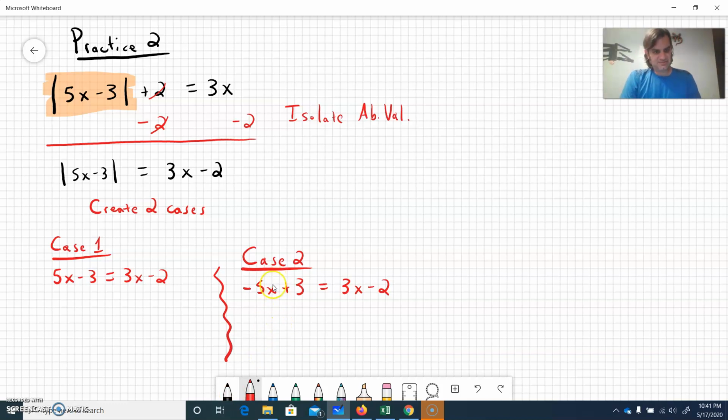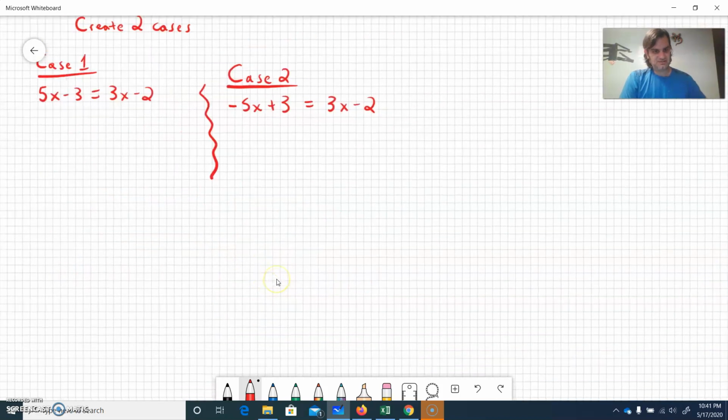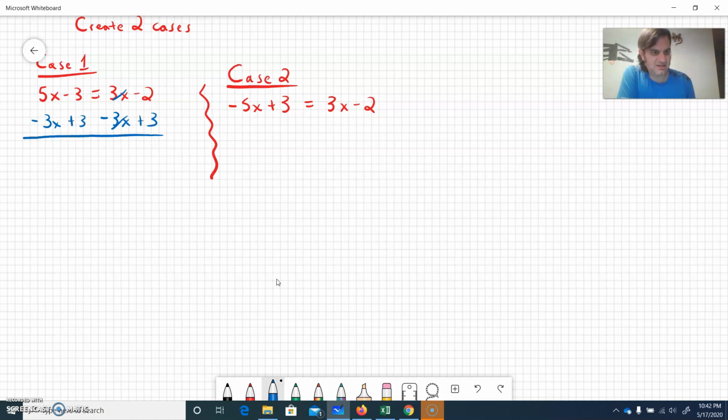We're in a place where we're using simple linear equations. So let's see what we can do here. 5x minus 3 equals 3x minus 2. I like my x's to be positive, so I'm going to subtract 3x from both sides, which forces me to add 3 to both sides. I'm doing the add-subtract portion of my linear equation solving.